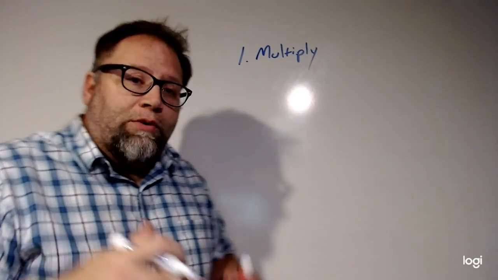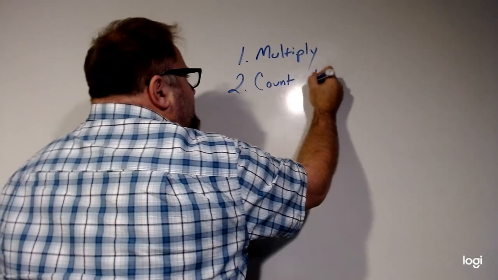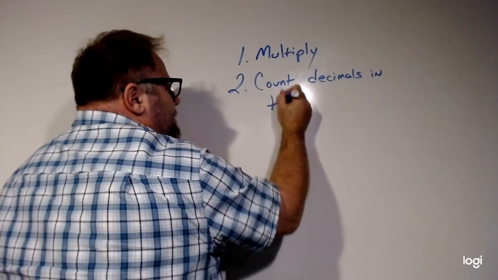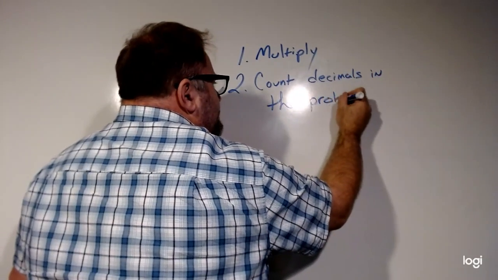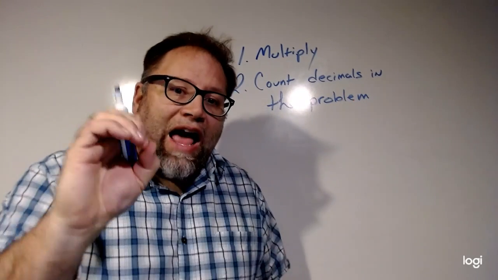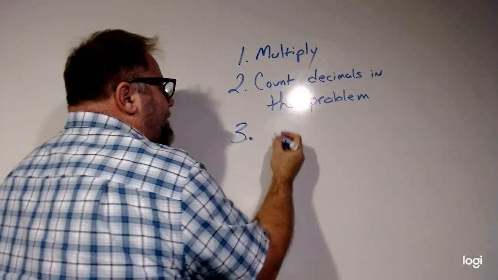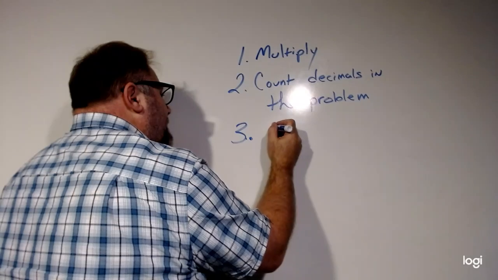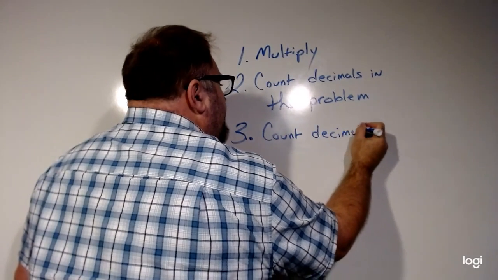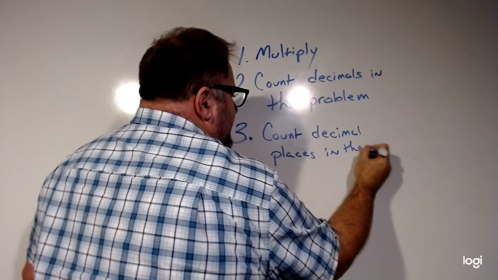Okay, then the next thing we're going to do is count the decimal places in the problem. Then the last thing we're going to do is take that number of decimal places and count decimal places in the answer.